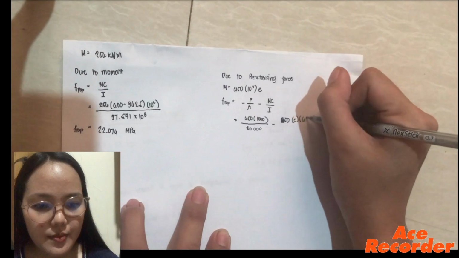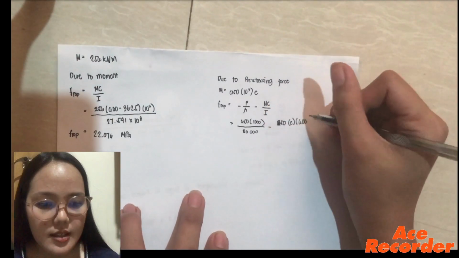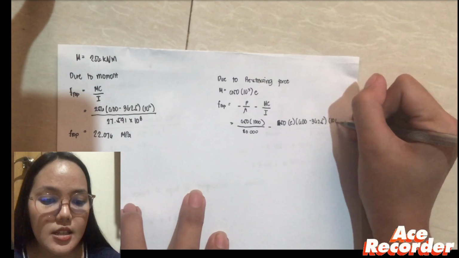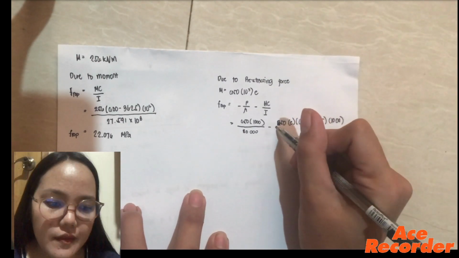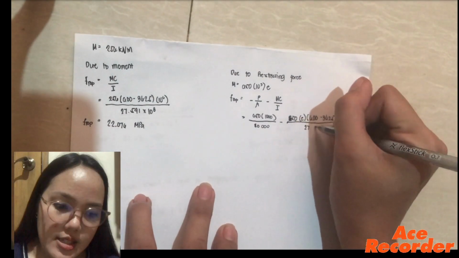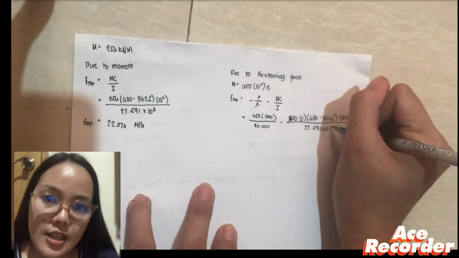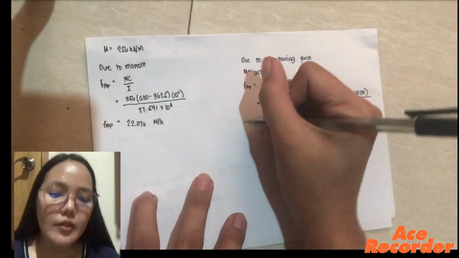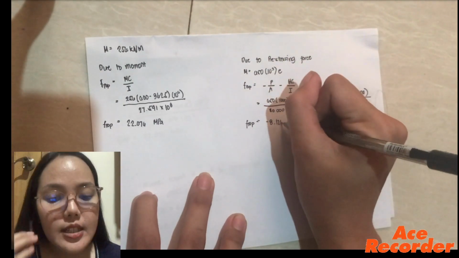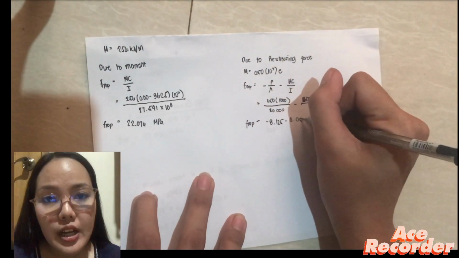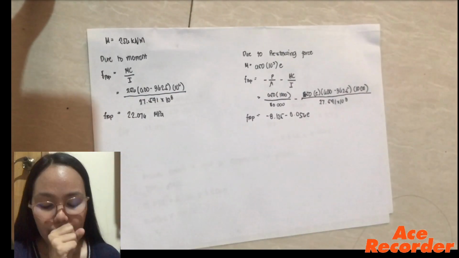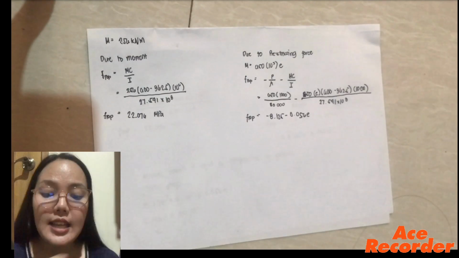650 times E times 600 minus 362.5 times 1000 over 27.541 times 10 to the 8th power, which is the inertia. Now, if we calculate this, we will get negative 8.125 minus 0.056 E. Let's assume that tension is equal to compression to produce zero stress.